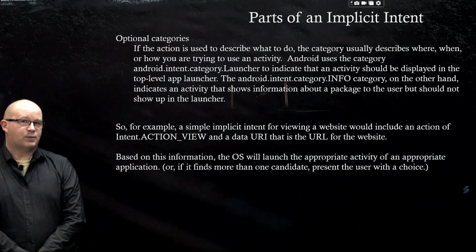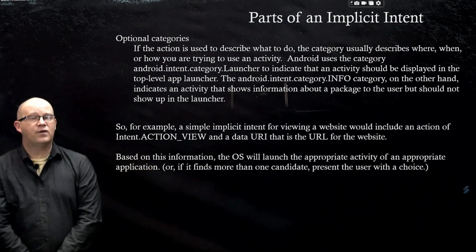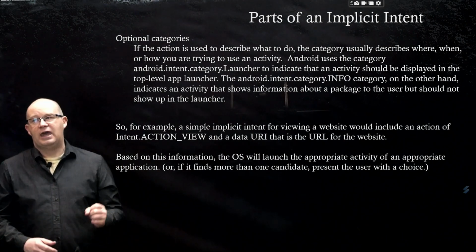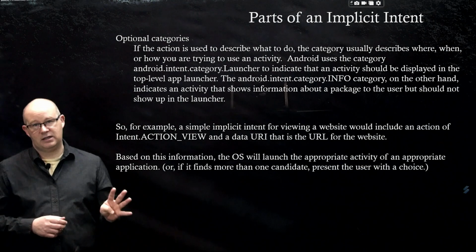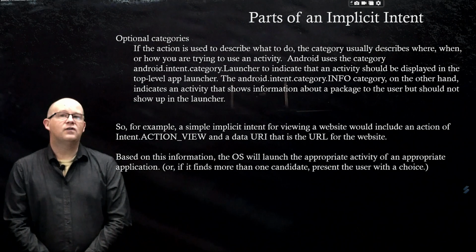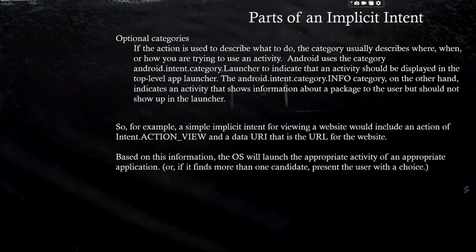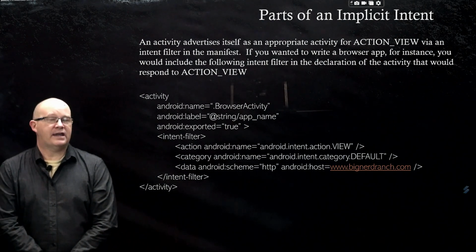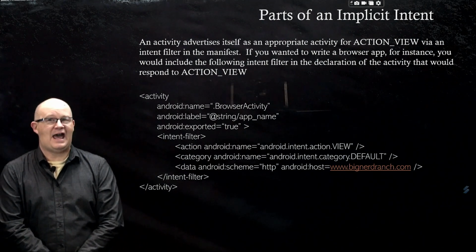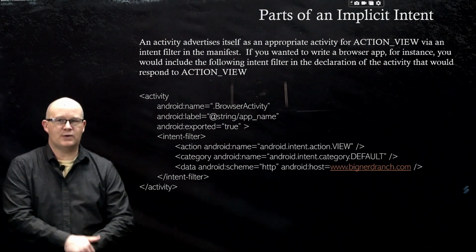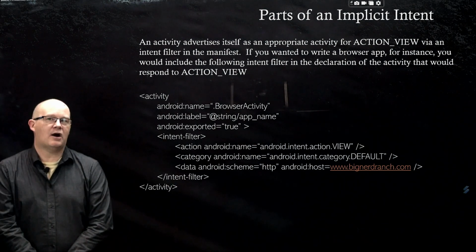Based on the information you saw on the last 2 slides, the 4 different parts, the action, the location, the data type, and the optional, then we will be able to launch the appropriate activity of an appropriate application. The implicit intent needs to be declared within the manifest. It needs to advertise itself out to the universe, whatever is going to be querying our app to see if we can do a certain job.